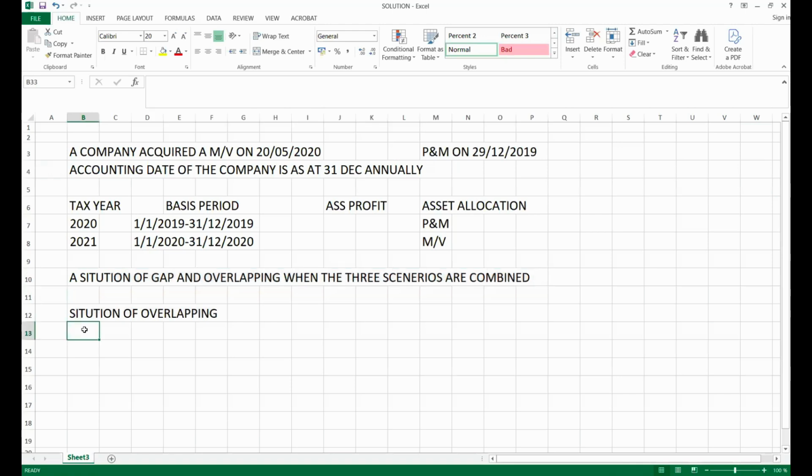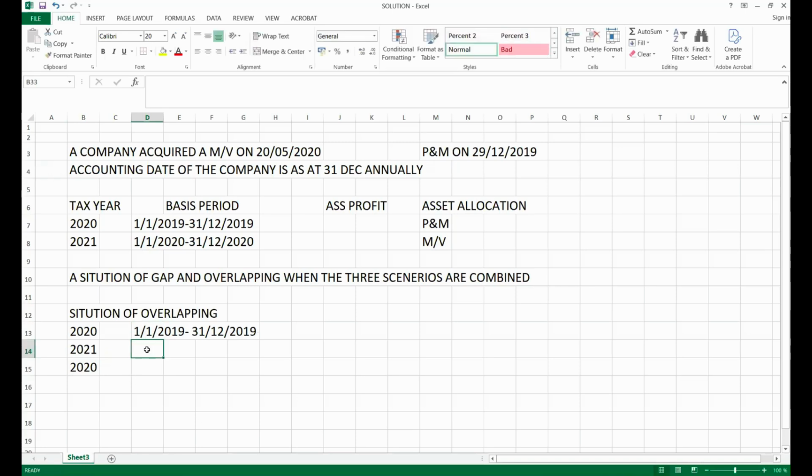So in this scenario of overlapping, you can have 2020, let's say we have tax year 2021, we have 22. By the time we have the basis period, we have 1/1/2019 to 31/12/2019.